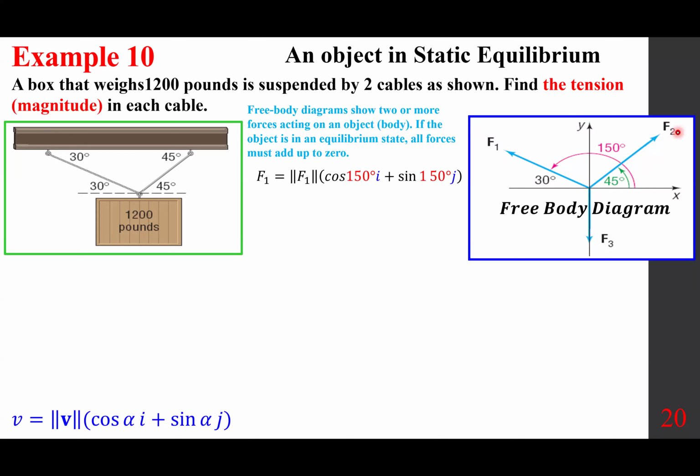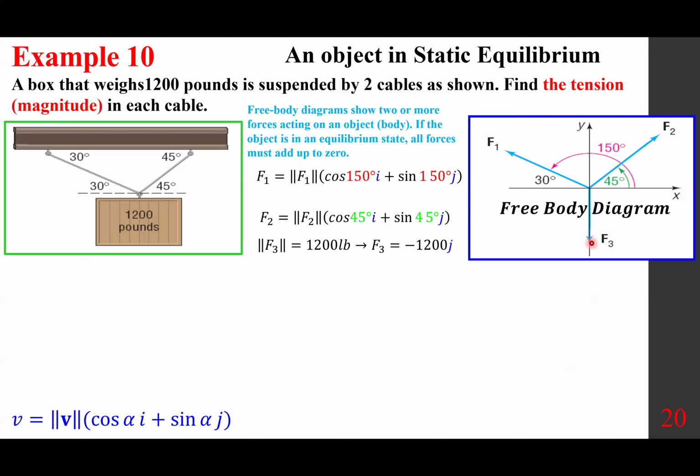What about F2? Magnitude of F2, cosine of 45 i plus sine of 45 j. What about F3? We know it's 1,200 pounds, so the magnitude is 1,200 pounds. And it's going down, so minus 1,200 j.